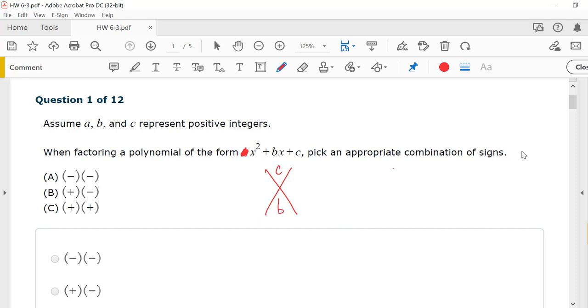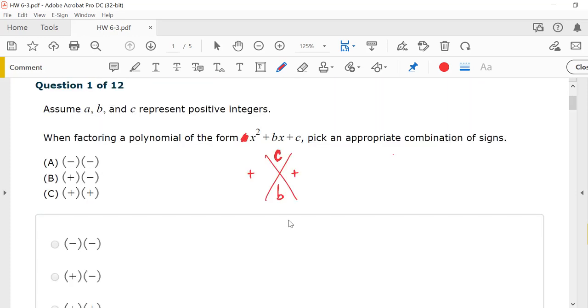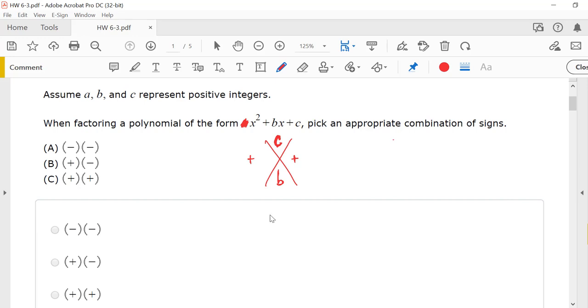If c was positive, the signs had to be the same, and if b was positive, both numbers had to be positive. That's all it wants. It just wants positive, positive. So the answer would be here.